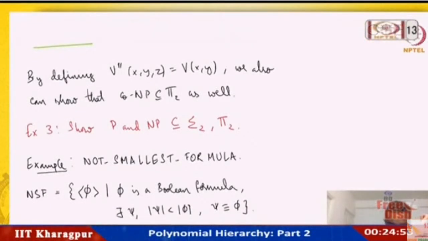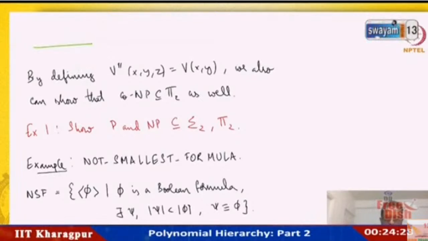Maybe this is something simple. I'll just renumber it. Show that P and NP are also contained in pi 2 and sigma 2. This is not very difficult. You could directly add two dummy variables Y and Z. I just showed coNP.